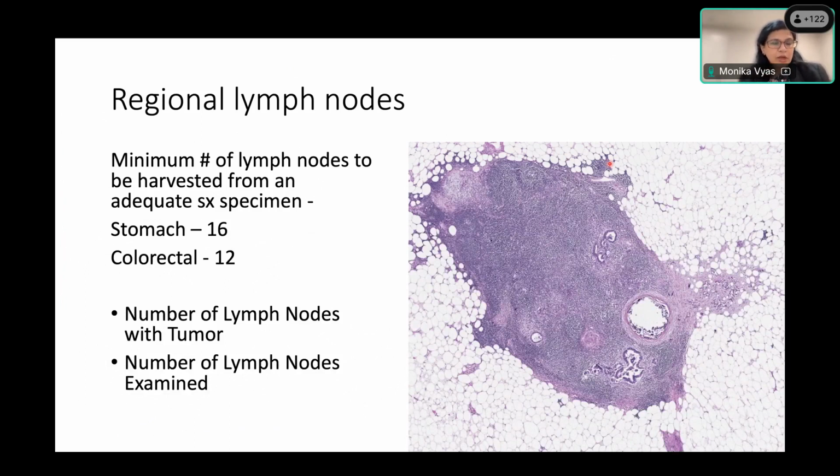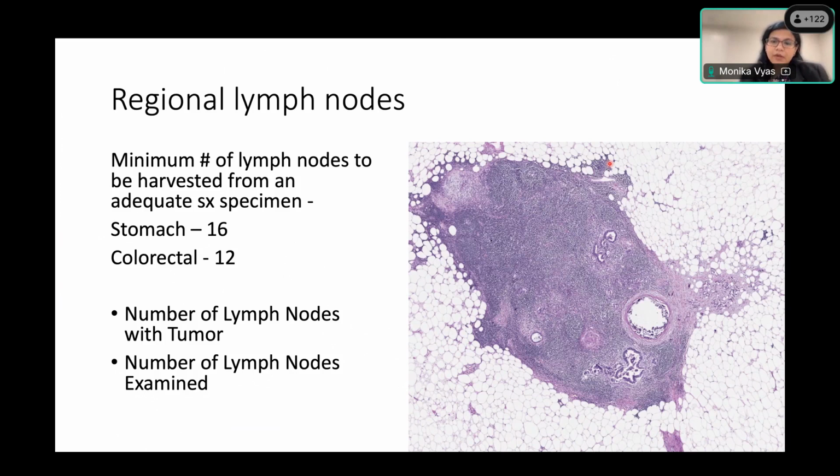If we don't have 12 lymph nodes in colorectal cases, or 16 in upper gastrointestinal cases, it means we cannot adequately give an N stage. So it is definitely important from staging perspective, but it also has been shown to have prognostic implications. So patients who've had more lymph nodes harvested from their colorectal specimens tend to do better. So it's also a prognostically important parameter.